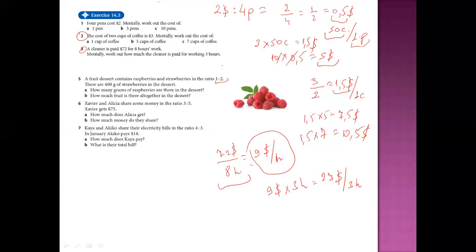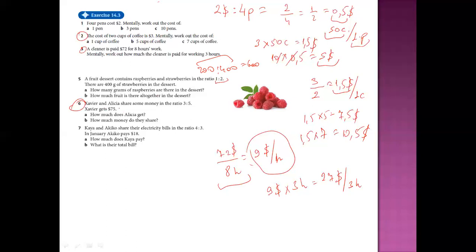Strawberries we have 400, divide by 2 is 200. And the second question, how much fruit altogether in the dessert? 200 plus 400 is equal to 600 grams of dessert.